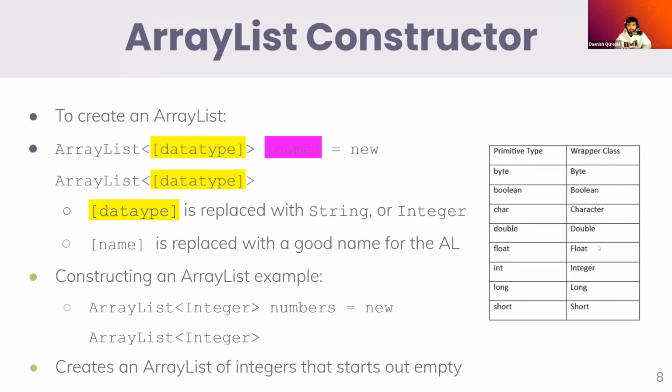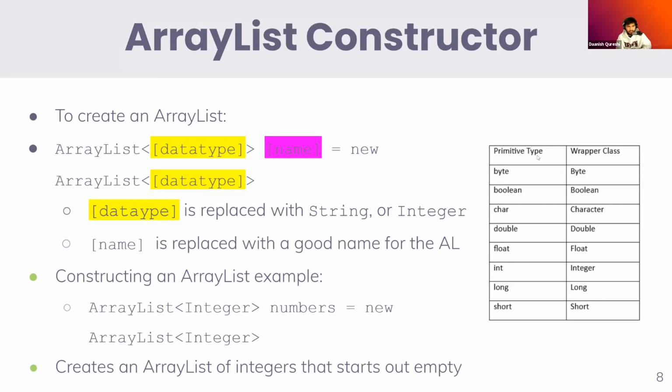So before, if we were constructing an int, we'd have int and then the name, right? Just int. But here, we require it to have Integer, spelled with a capital I and the full word. Now, we'd call this the wrapper class for an integer.